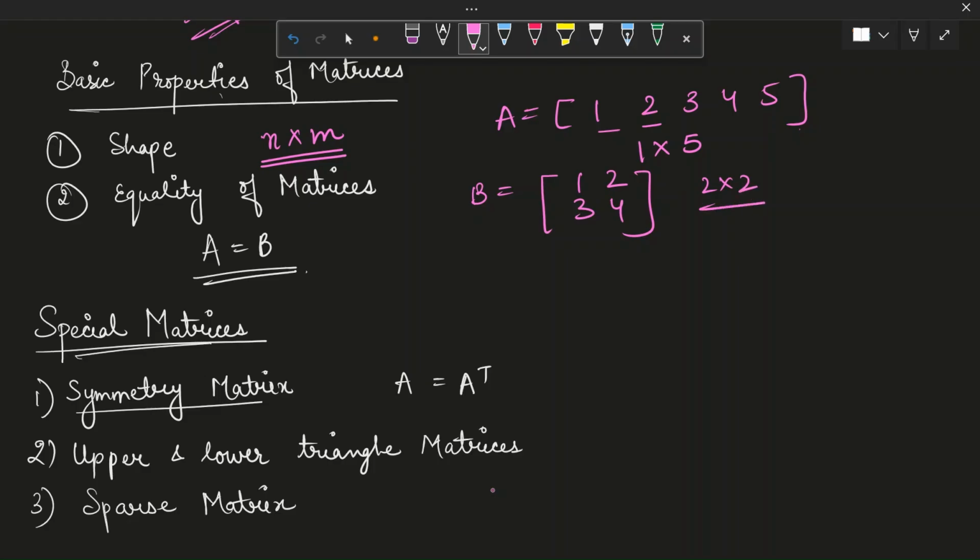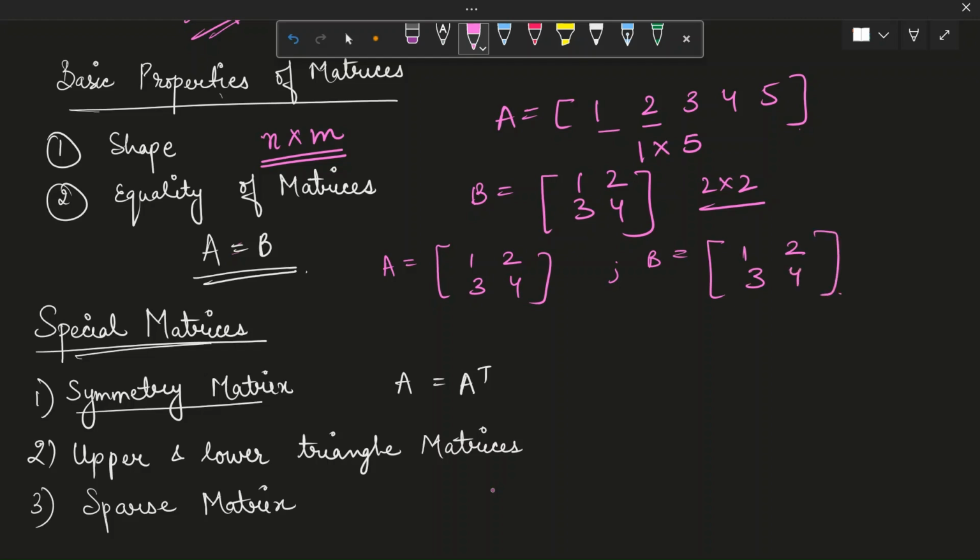That's how it works. Then is equality of matrices. A matrix A is equal to matrix B when they have the same dimensions and corresponding elements are equal. Suppose we have a matrix A that is 1, 2, 3, 4 and a matrix B that is also 1, 2, 3, 4.